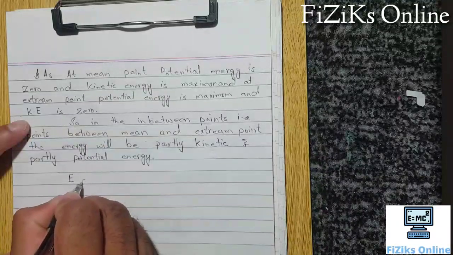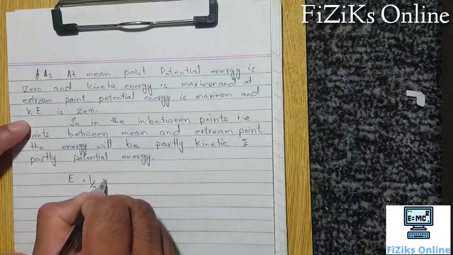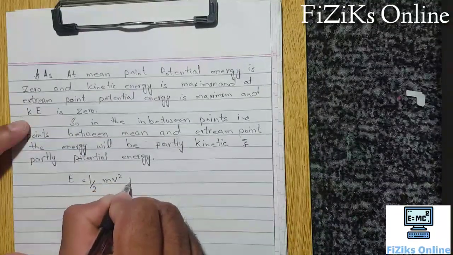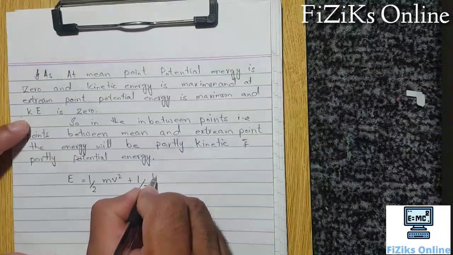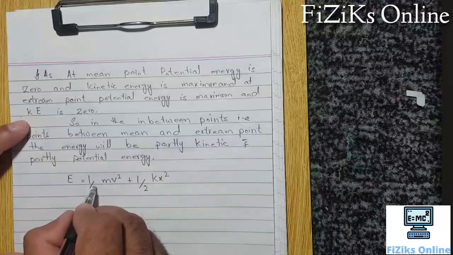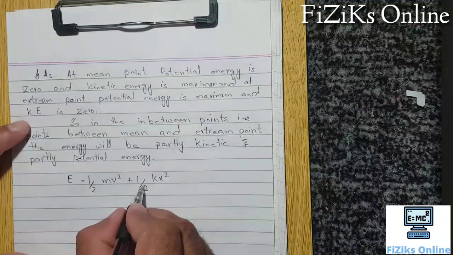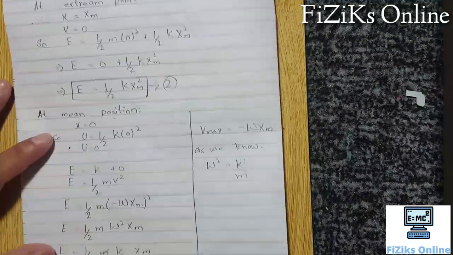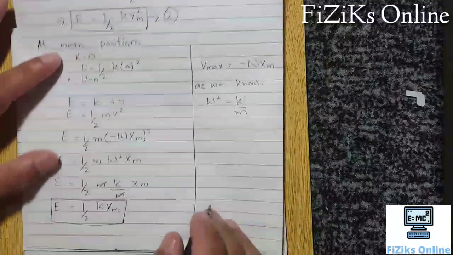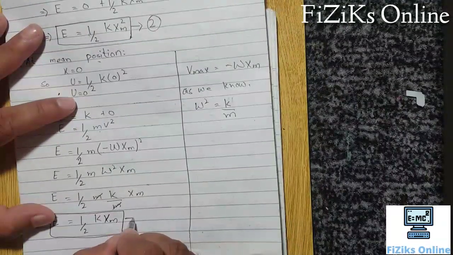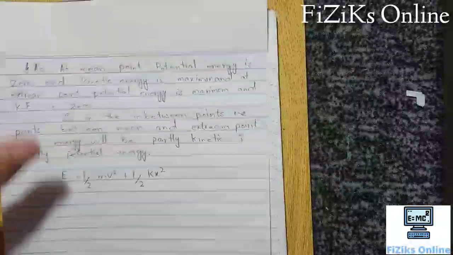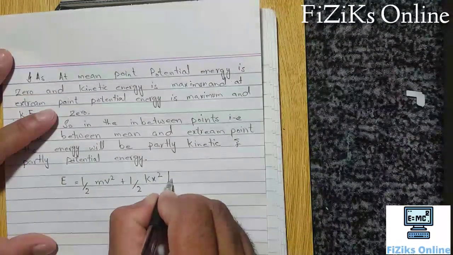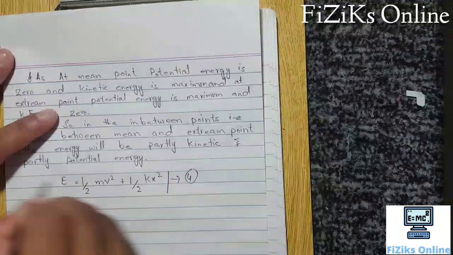E equals half m v square plus half k x square, kinetic and potential energies. This equation is derived and named as equation 3. The earlier equation is named as equation 4.